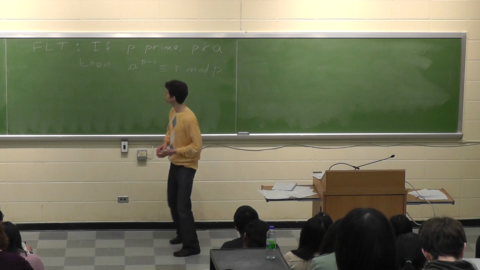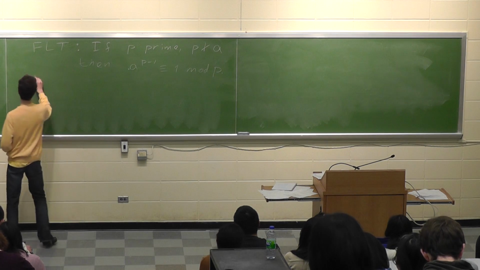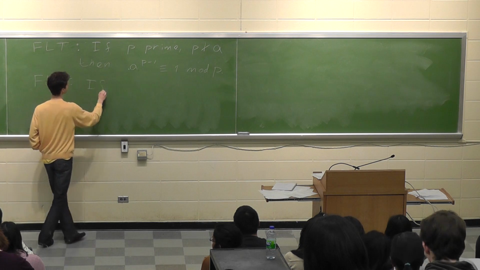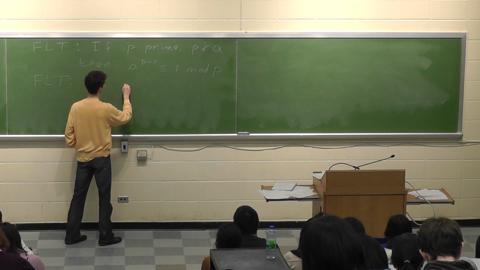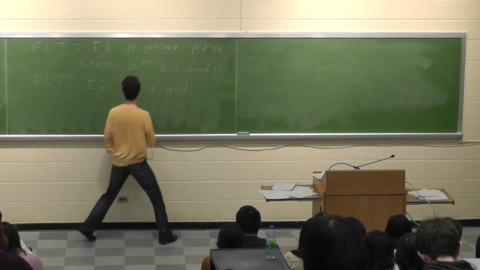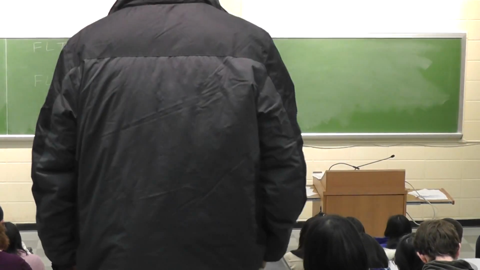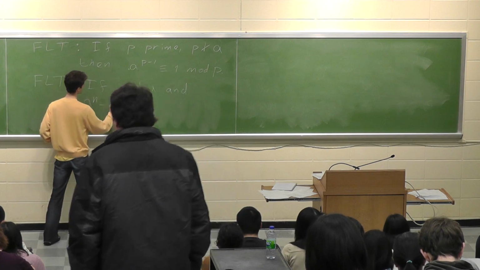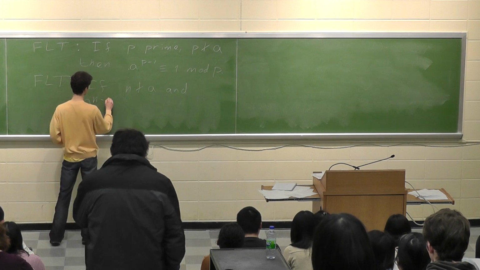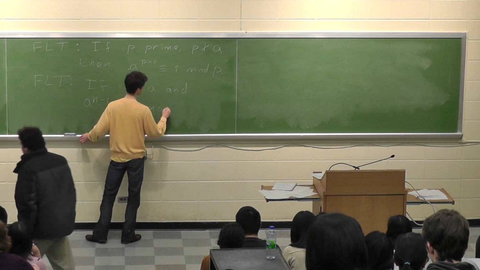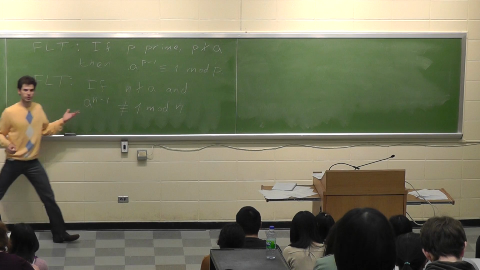On the other hand, the same statement can be reformulated in a different way. If a to the power of n minus 1 is not congruent to 1 modulo n, what's the conclusion?